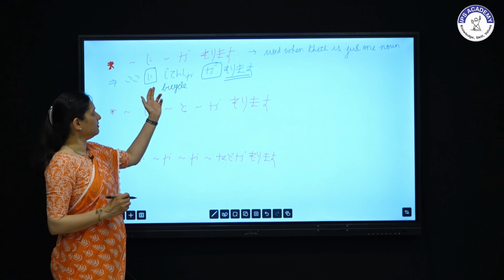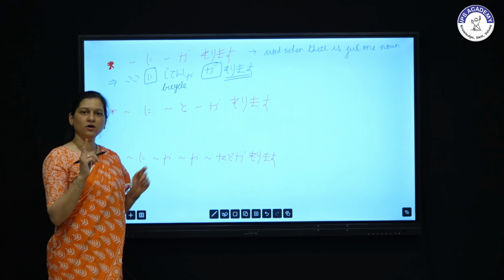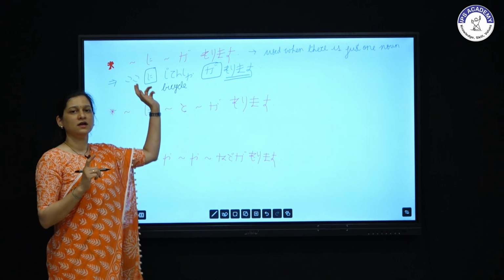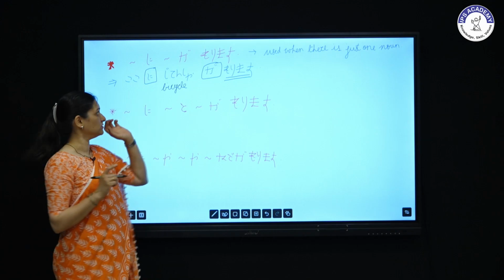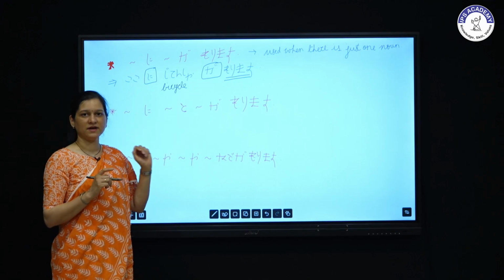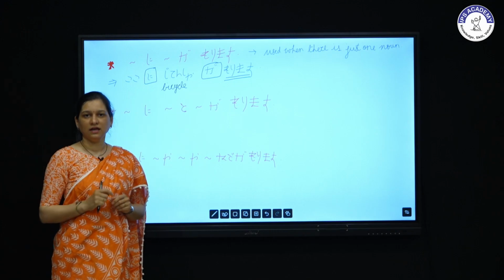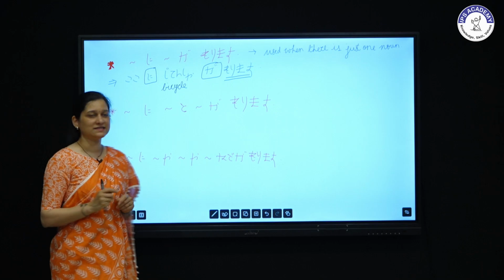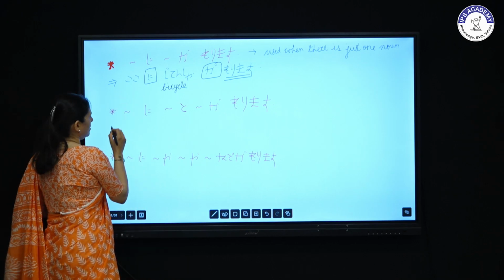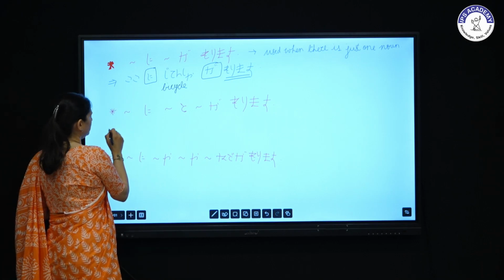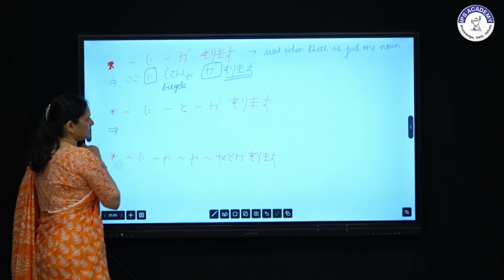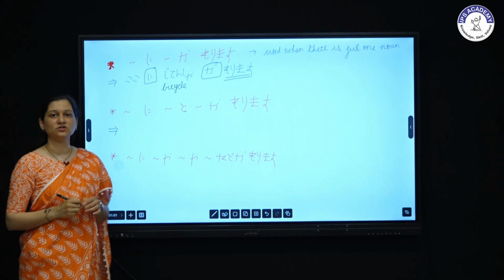I hope this is clear. Whenever we include one object in a sentence, we use ni ga arimasu pattern. Koko ni jitensha ga arimasu. Asoko ni inu ga imasu.